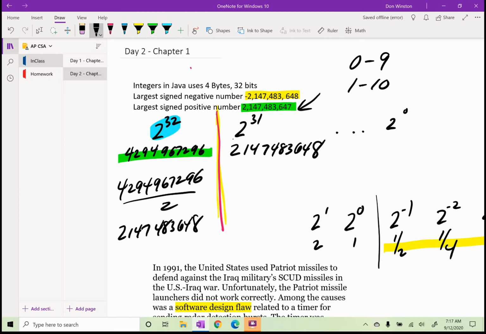Remember, the largest number you can represent with n digits is 2 raised to the n minus 1. That's important because if you're programming and you need a large integer number, more than 2,147,483,648, you have to declare that integer as unsigned, and in that way you can get a larger number. So that's important, particularly with coding.